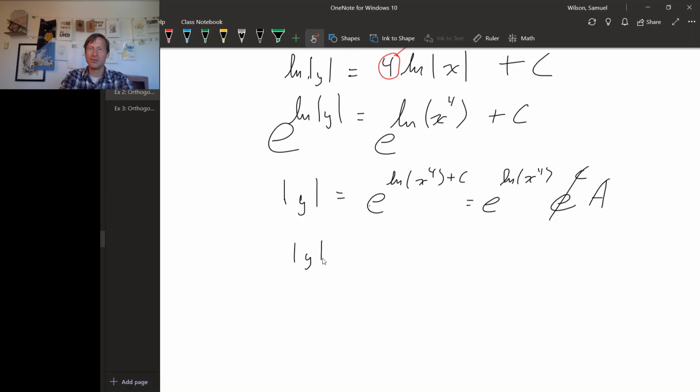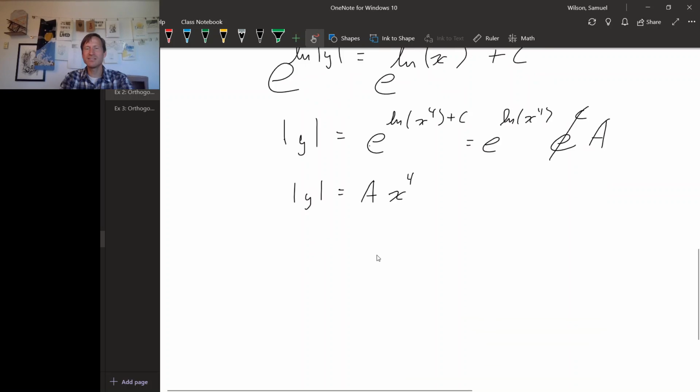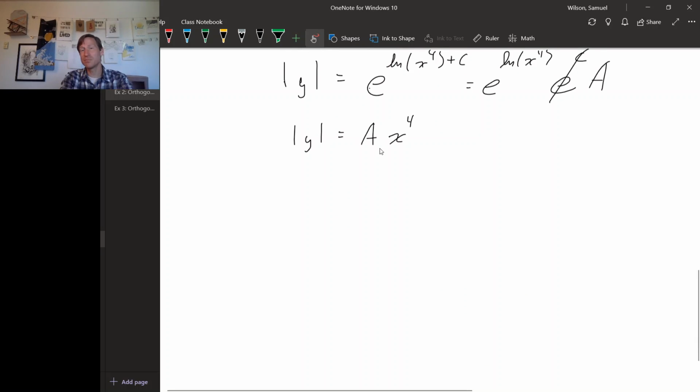So absolute value of y is equal to, so e to the natural log x to the 4th, that's just x to the 4th. And a can be any constant. In principle, a has to be positive because it's e to the c, but since we have the absolute value of y, we can remove the absolute value by just removing this condition that a has to be positive. And so we get y equals a times x to the 4th. So this is our family of perpendicular curves.